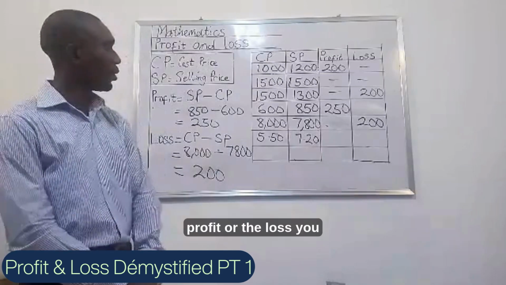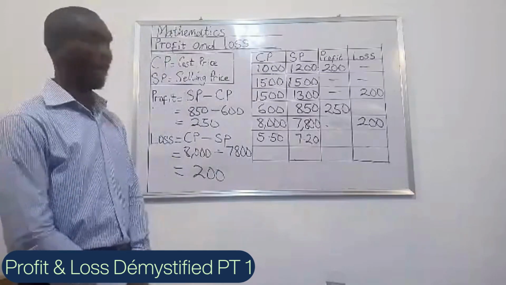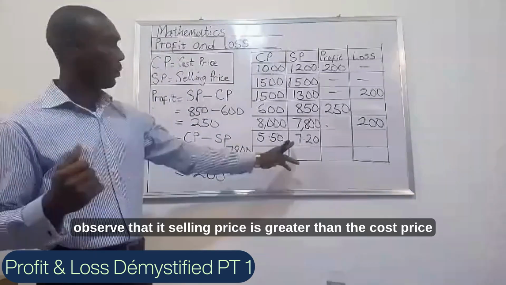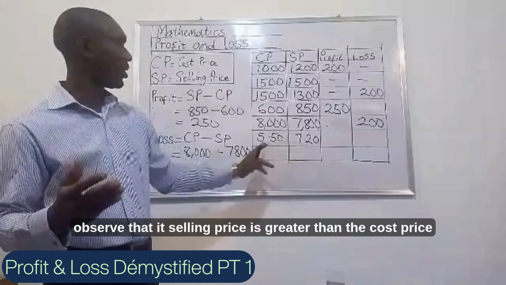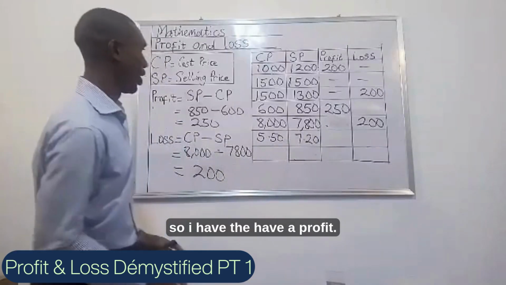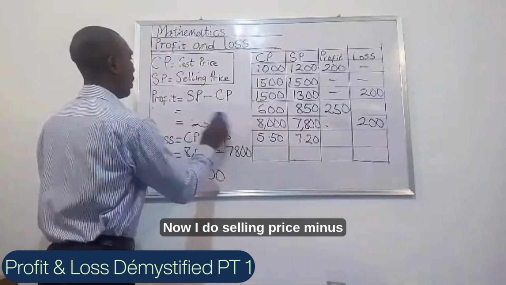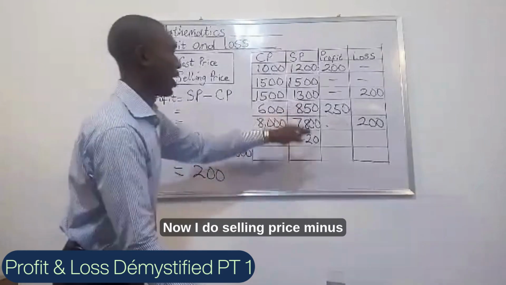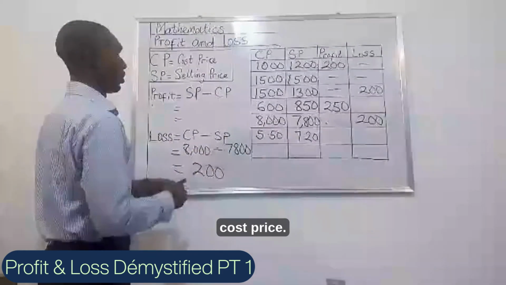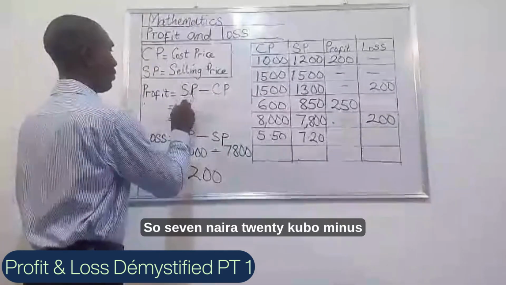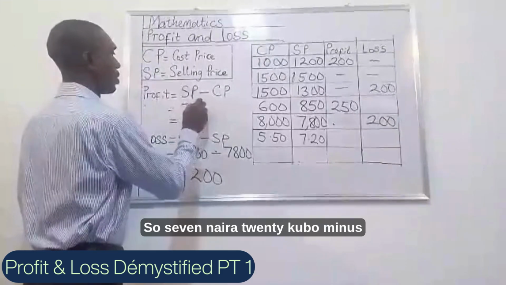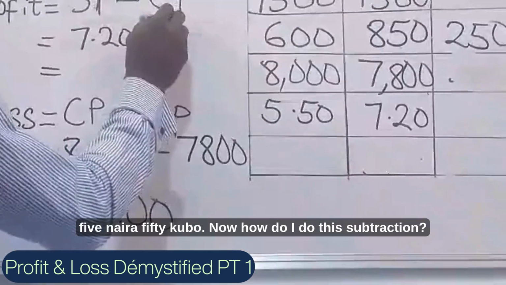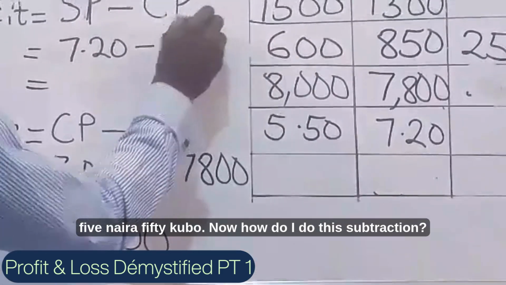Do we have a profit or a loss? You observe that the selling price is greater than the cost price, so I have a profit. Now I do selling price minus cost price. So 7 naira 20 kobo minus 5 naira 50 kobo.